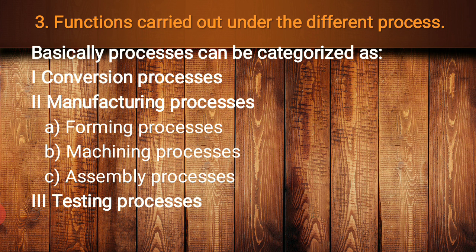This is the simple way to understand process, right? Now what type of functions are carried out under these different processes? All the processes cannot be categorized under a single category. So we have tried to make it simple. We have categorized it into three types. That means processes can be any of the three types, right?